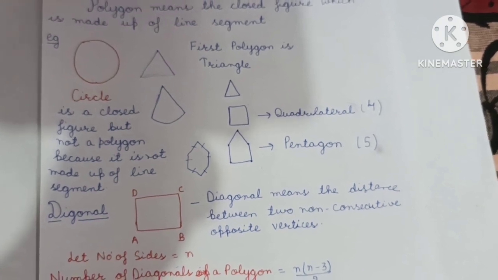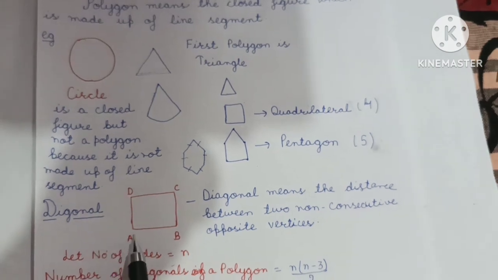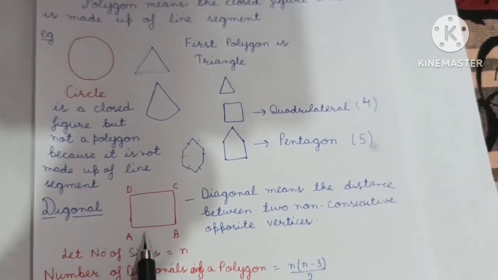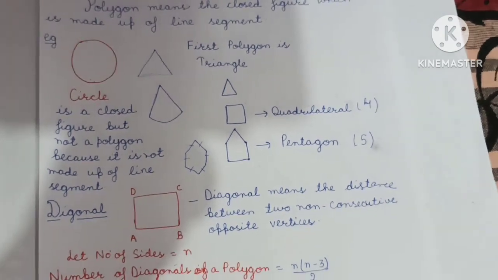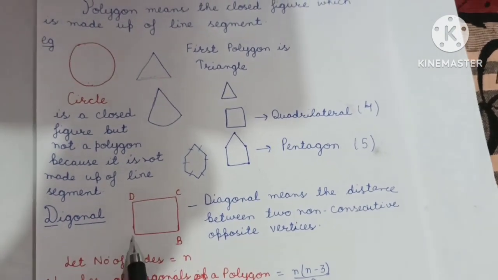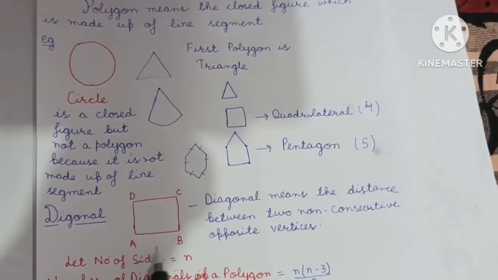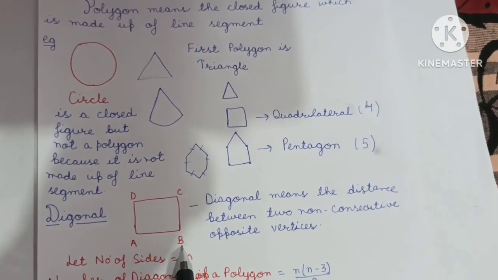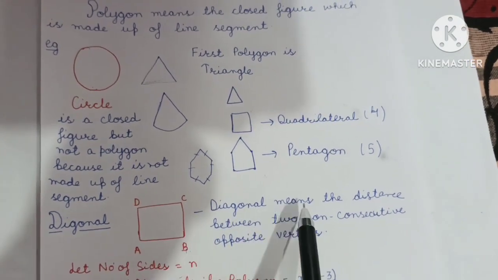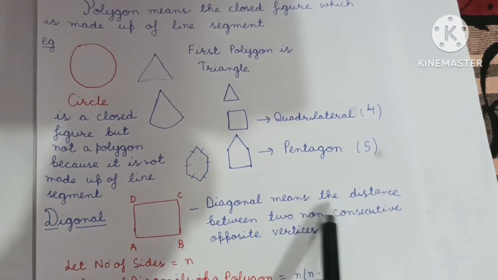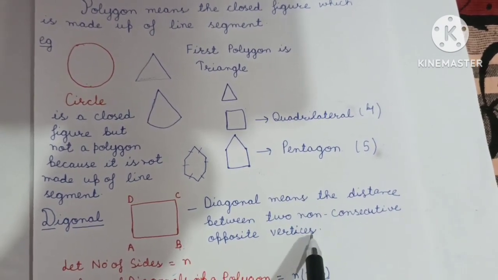The answer from the student side is, ma'am, a diagonal means the line which joins two opposite vertices. This definition is incomplete. If I take A and B as two opposite vertices, A and B form a side, not a diagonal. So what is a diagonal? A diagonal means the distance between two non-consecutive opposite vertices.